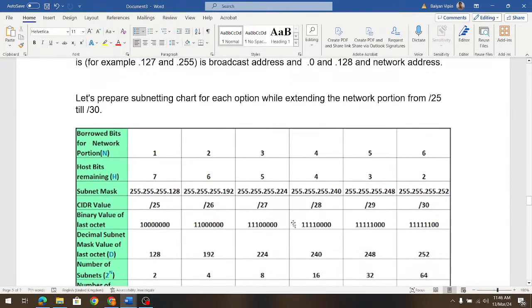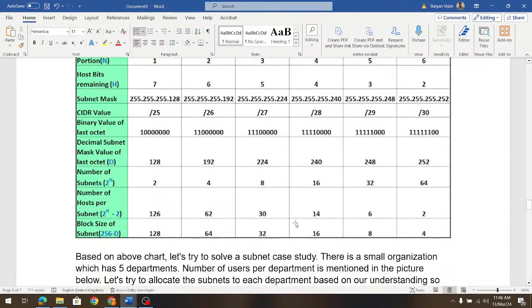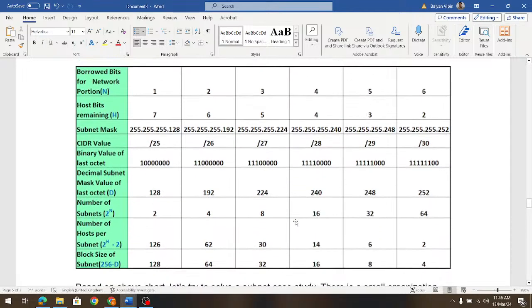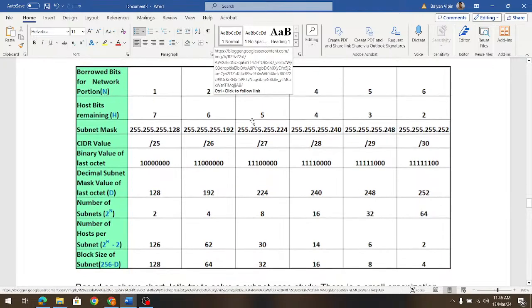Now this is a table which is given to you, so look at this. You will see that suppose we are using 25 here, 26 there. It's the bits borrowed from the host portion for the network.